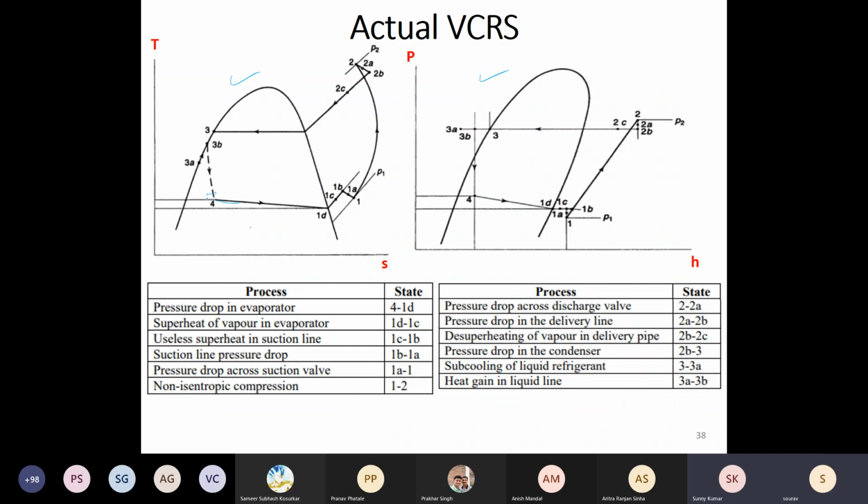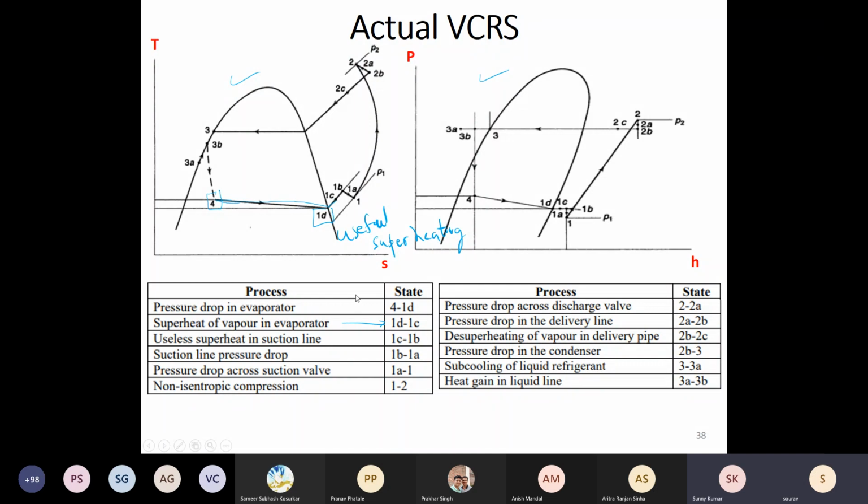So your inlet to the evaporator will be at a higher pressure, outlet will be at a lower pressure. This is not to scale, okay? Then this is what you achieve. Then eventually you may have some amount of superheating in the evaporator itself, okay? Useful superheating. Okay, so this is denoted by this.